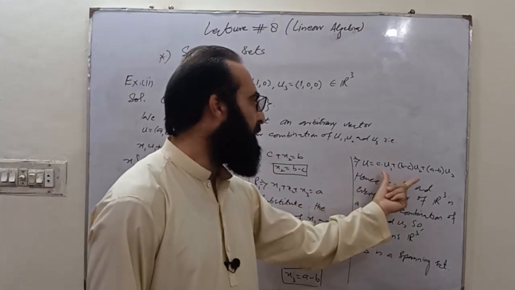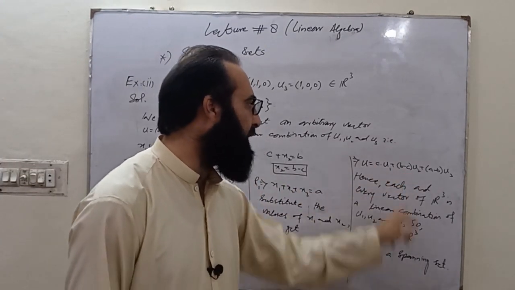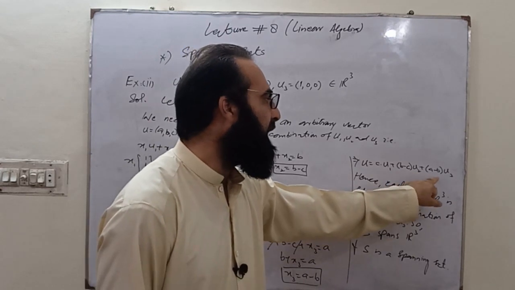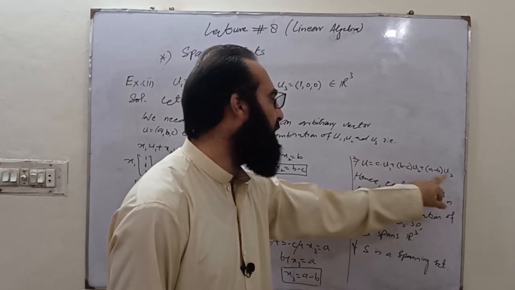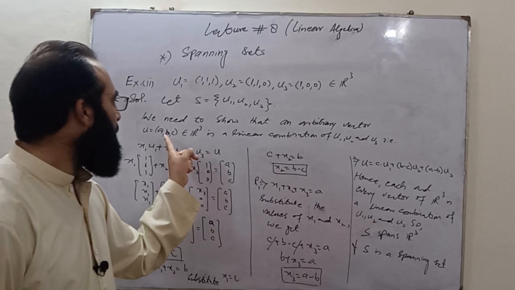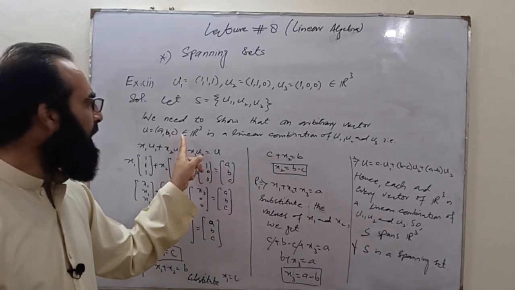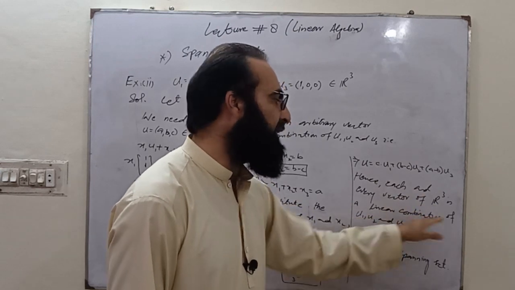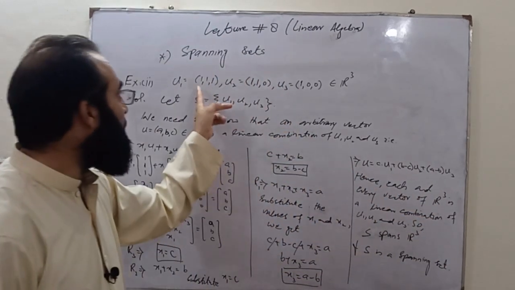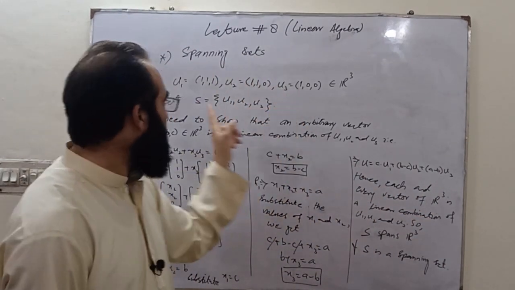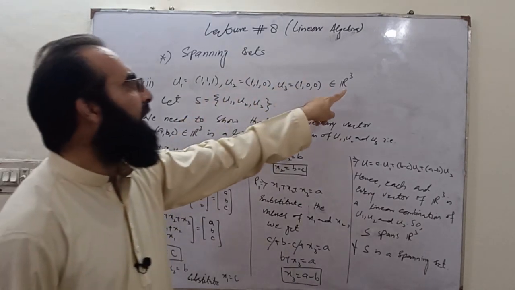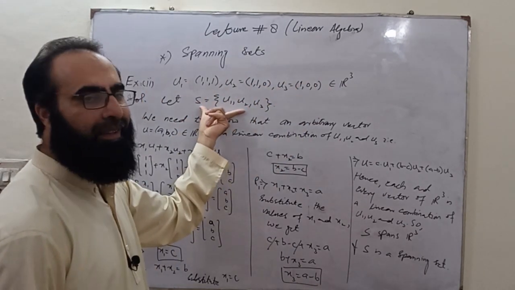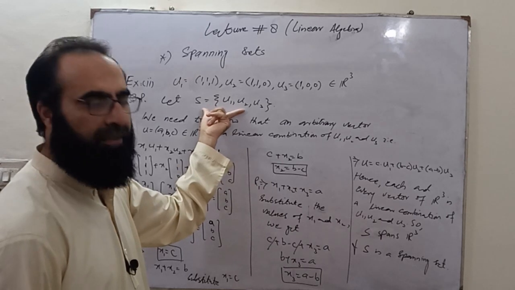We will get u is equal to c into u1 plus b minus c into u2 plus a minus b into u3. Since this was an arbitrary vector from R cube, each and every vector of R cube is a linear combination of these three vectors. Hence, this collection S spans R cube, and this collection S is known as a spanning set.